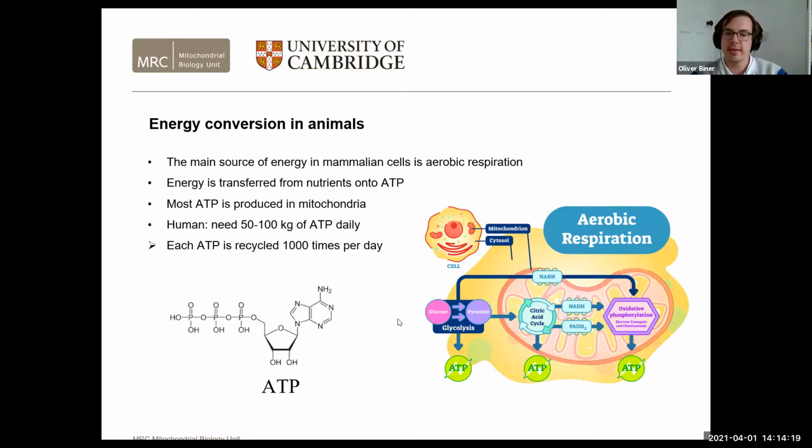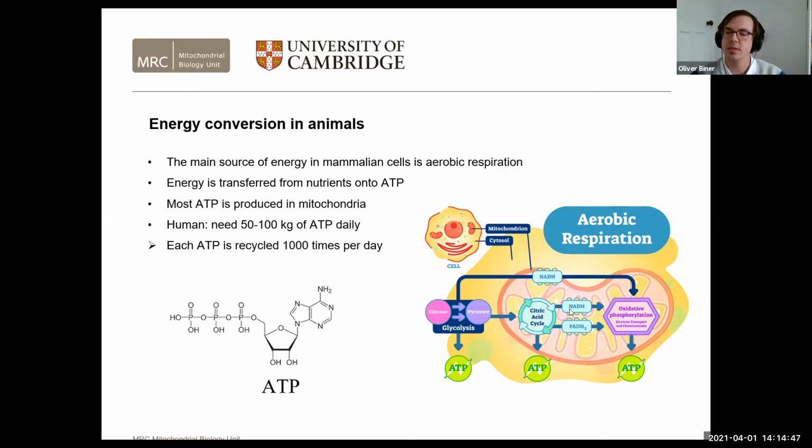So when we take up nutrients with our food, we will take up sugars, fatty acids, and amino acids, and the metabolism then transfers electrons from these processes into mitochondria, into the citric acid cycle, where reduction equivalents are produced.